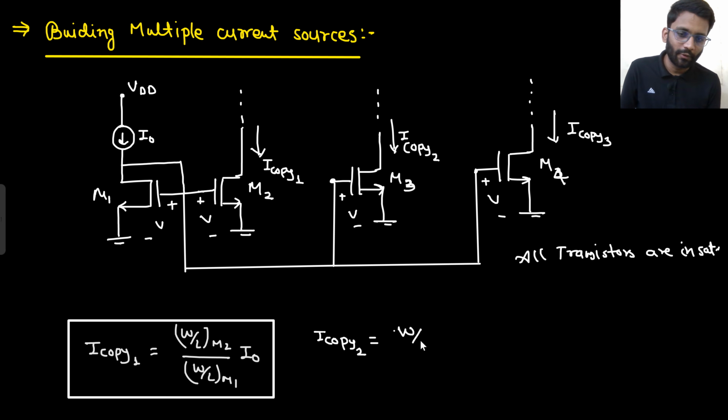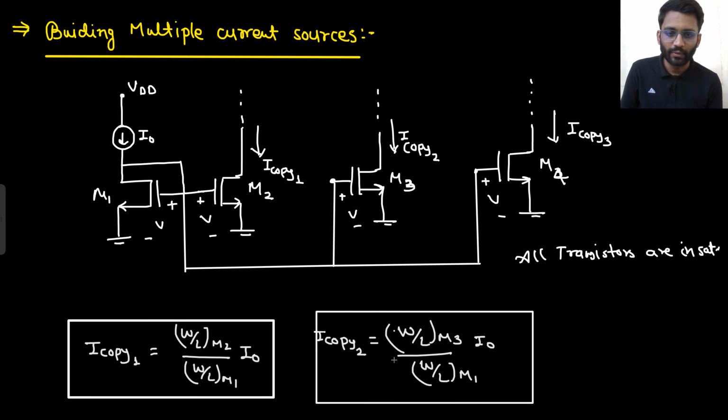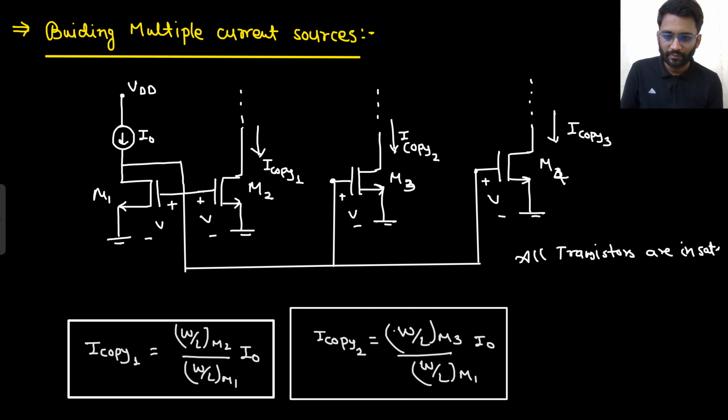So I copy 2 is W by L of M3 divided by W by L of M1 into I naught. And what about I copy 3? I copy 3 you can also write as W by L of M4 divided by W by L of M1 into I naught. Say yes or no, right?